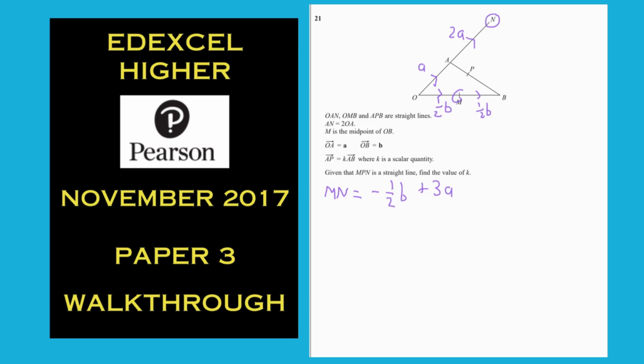So that's one way of writing the journey M to N. But there's another way. So let's now take into account this bit here. A to P is a multiple, or in this case a fraction, of the journey A to B. So let's just think about, let's go up here.